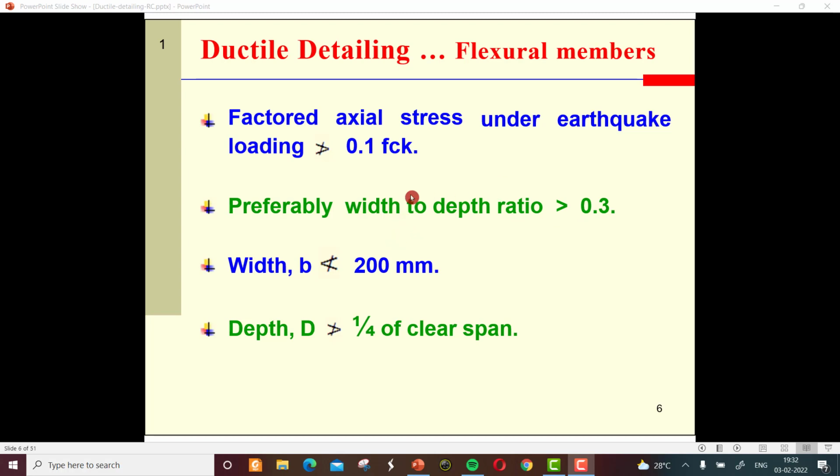That means there should be adequate width for the beams. And the minimum width should not be less than 200 mm and the depth should not be greater than 1/4 of the clear span.